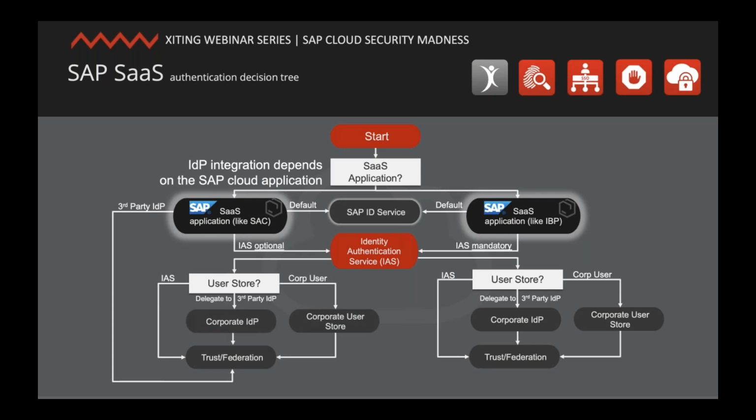That's a little bit confusing, maybe for the first time you hear this, but as I said, it's important to understand really the features and the options that you really have to connect your authentication systems. And the recommendation of SAP is, of course, to make use of the identity authentication service always as a central component, and then connect your corporate IDP to your identity authentication tenant.